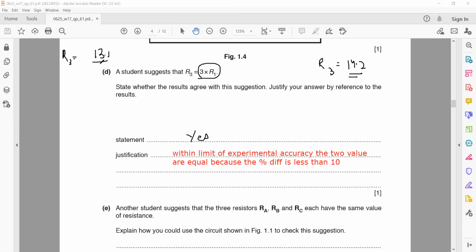If we want to check whether the two values are equal or close, we always calculate the percentage difference, which is maximum value minus minimum value divided by mean or average into 100.